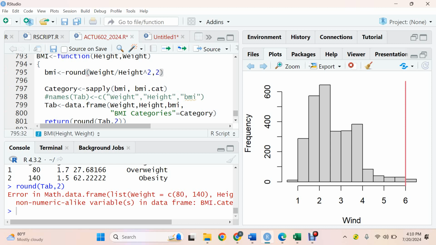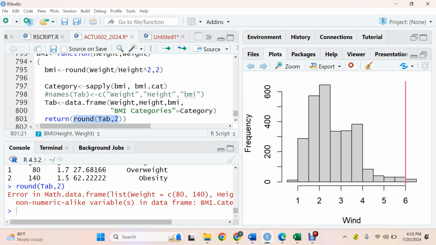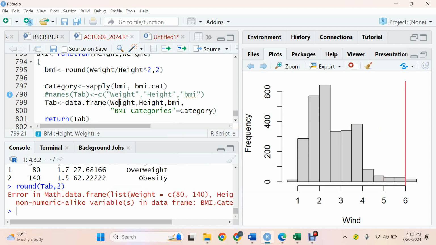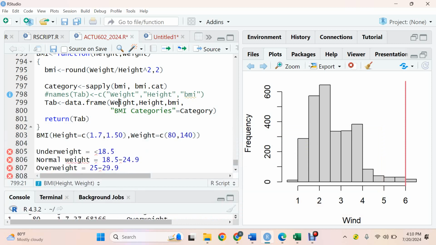You have the category obesity, and you say it should round to 2 decimal places. That's the problem. So you see, when you get an error, you have to track back and see where the problem is, which means you go into your function and run it one after the other to see where the problem is. And now it should work.